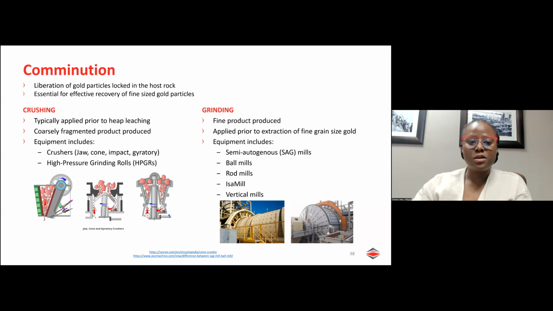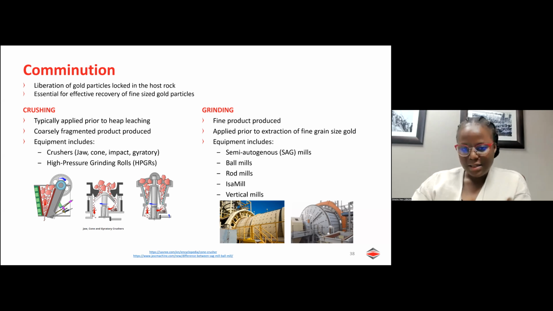So you are grinding finer than what your crushers can ultimately produce. Mills are typically used for grinding, and that can be anything from your semi-autogenous mills and ball mills, depending on what your textural analysis dictated.